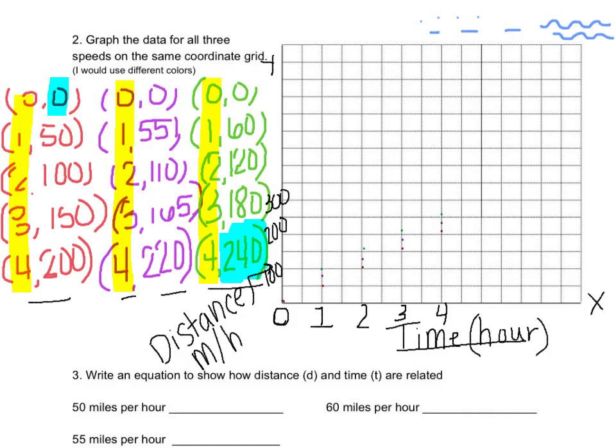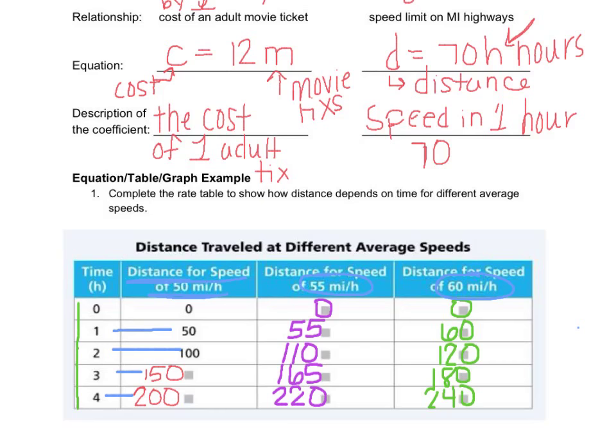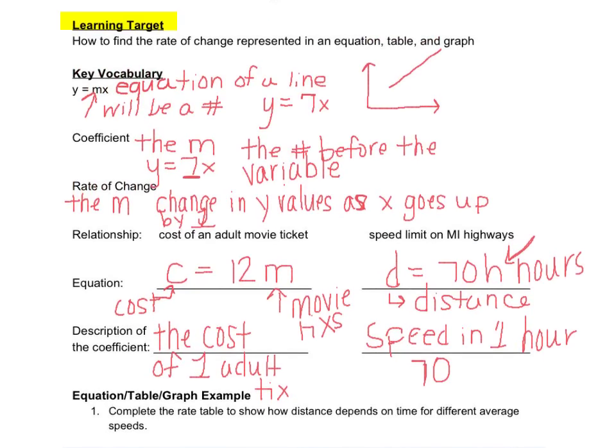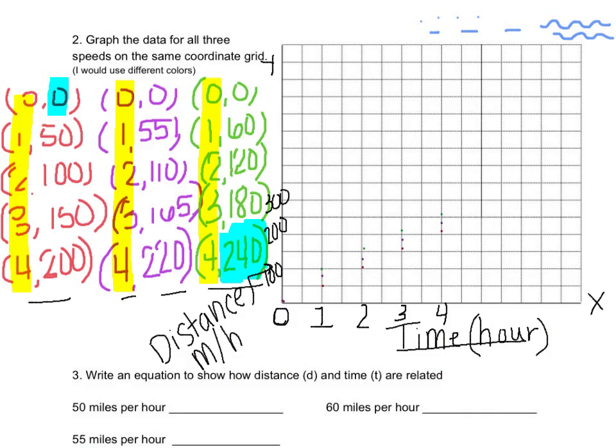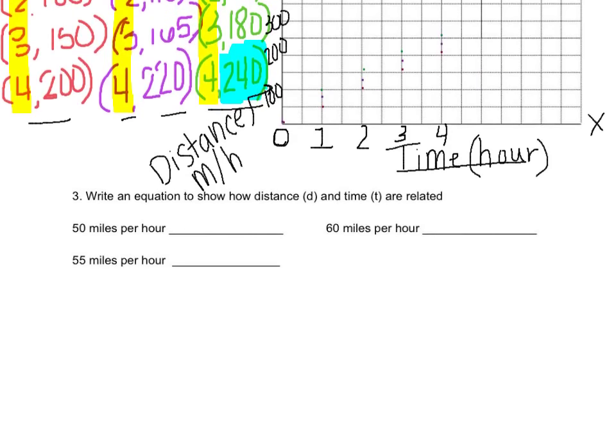So what that means then is if we go back to the vocab that we had on page 1 at the top, when they form a line, it's going to have the equation in the form y equals mx. So the last thing that we want to do is create an equation.